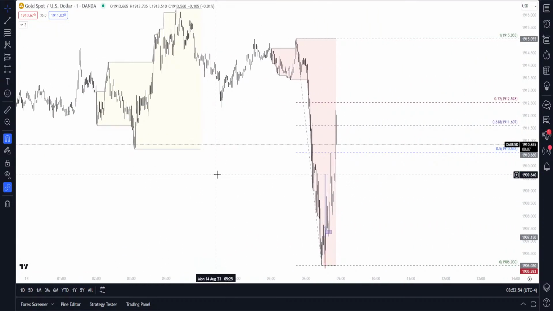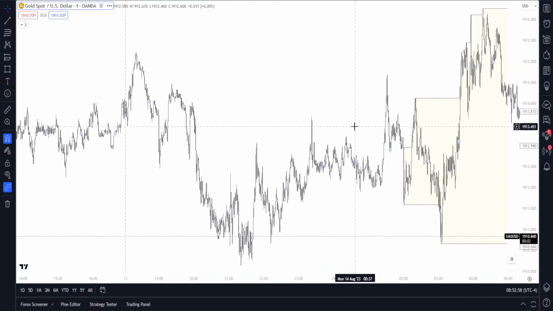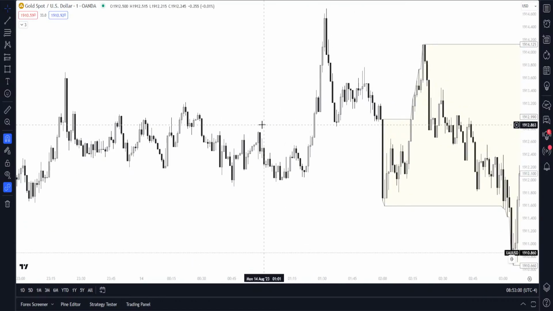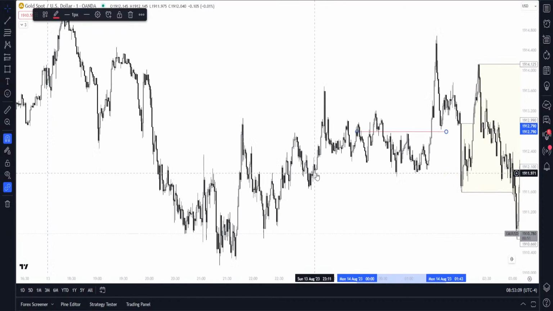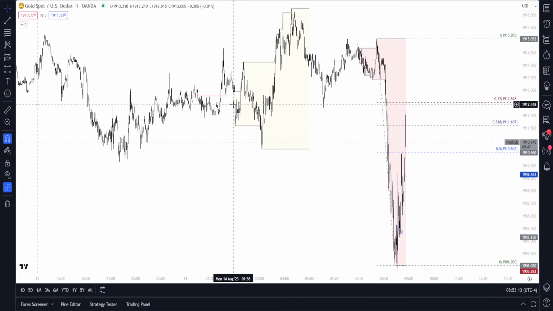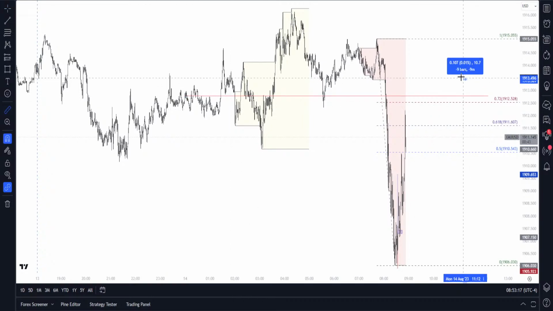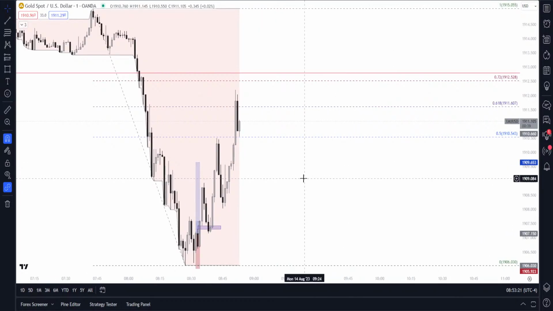Midnight open is where? Let's look at midnight open. Midnight open is right here. And has the price hit midnight open? Not yet. But you would be break even right now. And let's take a look to see if you would enter.